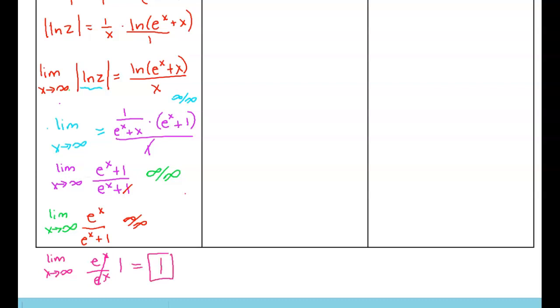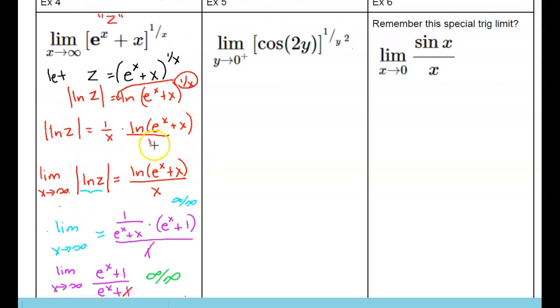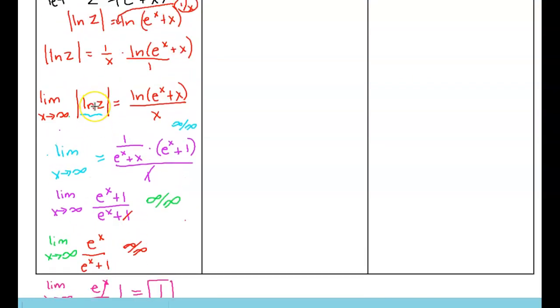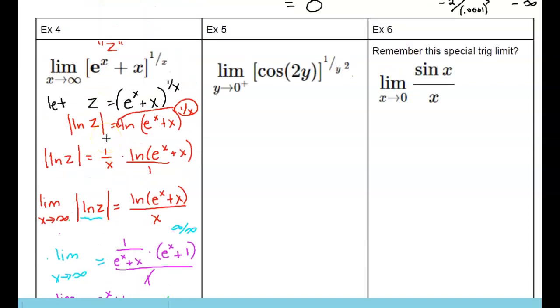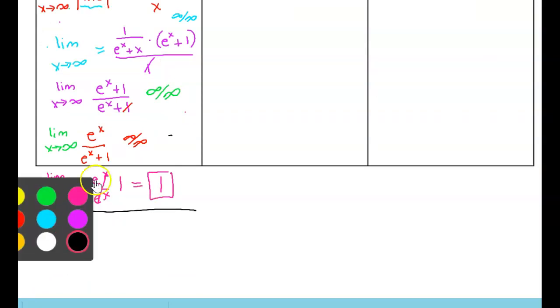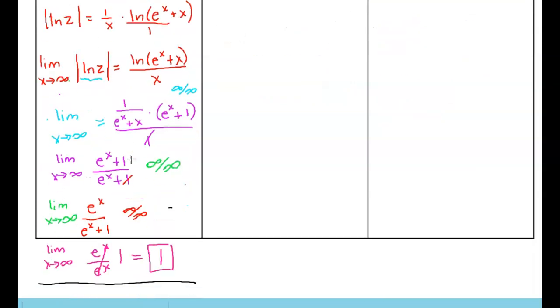Okay, now this is not our answer though, okay? Remember, what we found was this limit. So now we need to set this equal to the natural log of z, because that's what we said z was. So z is this function. The last step is that we know our limit of the original problem. I'm going to write it down here.